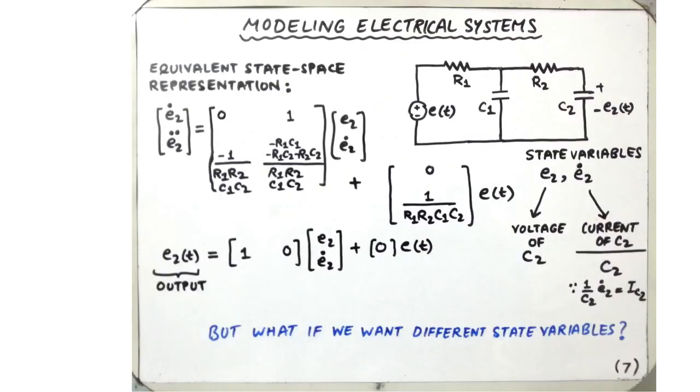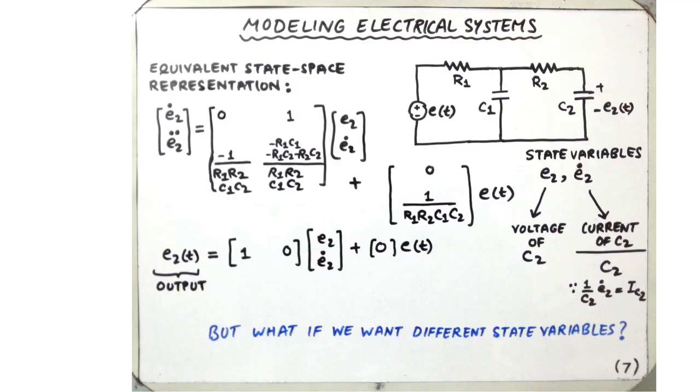A situation in which this approach becomes particularly helpful is when we are interested in developing the state space representation of the electrical circuit. So for example, from the differential equation that we have developed in the previous slide, we can also derive the state space representation.